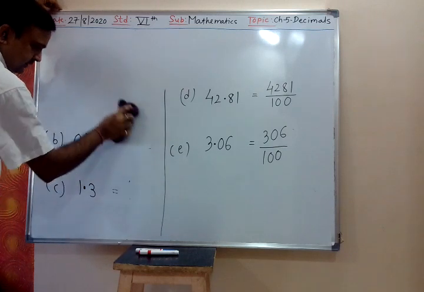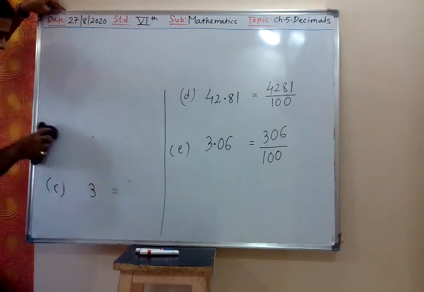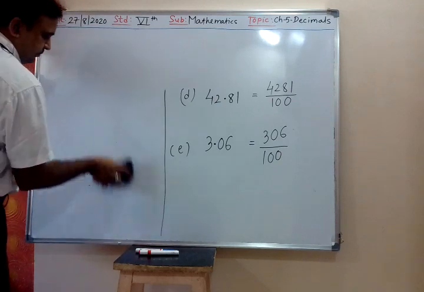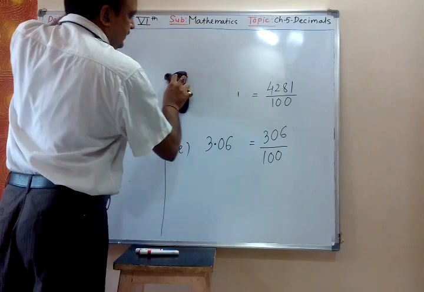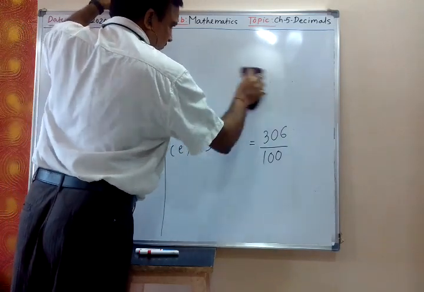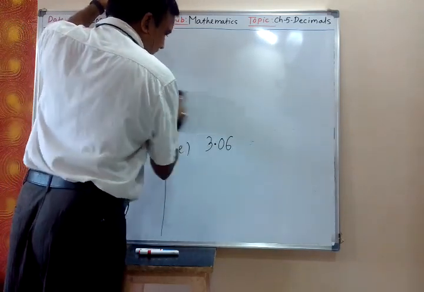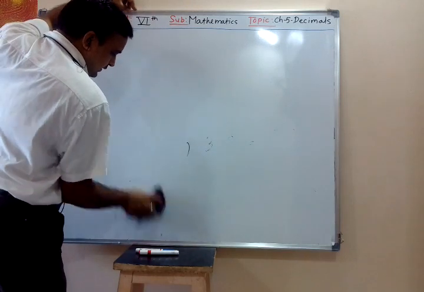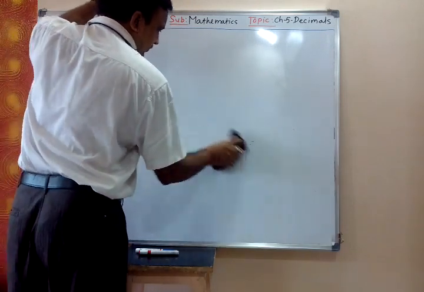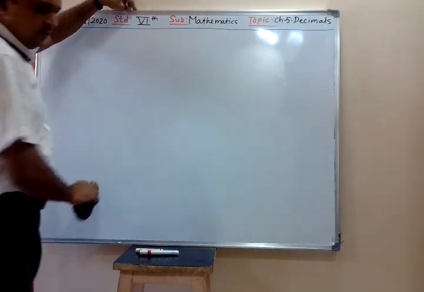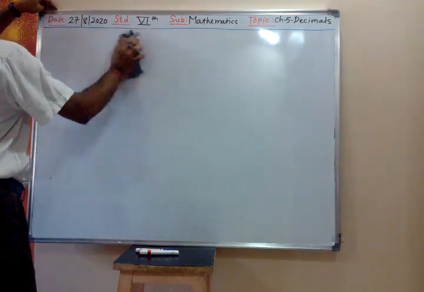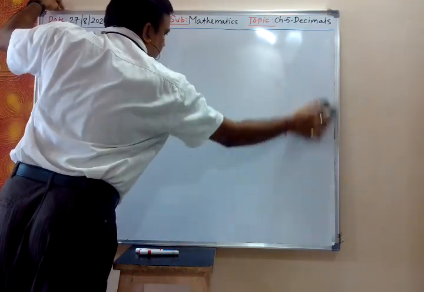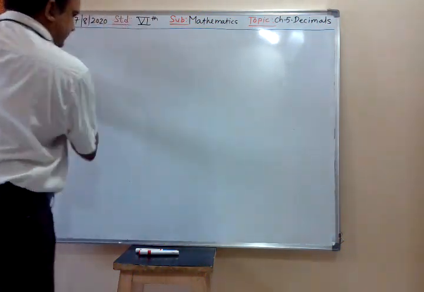Let us start fifth one. Write the expanded form. One minute. Expand the following. Now fifth one.